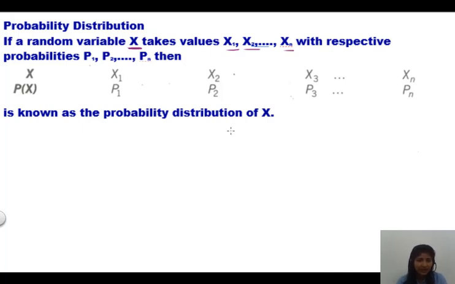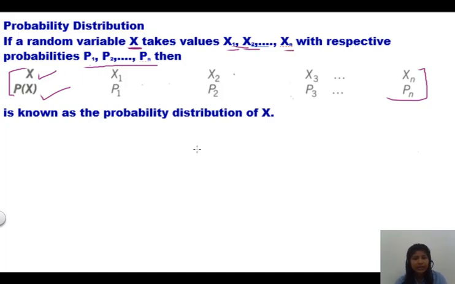So likewise they're defining in general way x1 to xn with respective probabilities as p1 to pn. Then the probability distribution is defined like this. We write values of x, we write values corresponding to that particular random variable probabilities. Then all the random variable values are written. This we write actually in a table, and this is known as probability distribution of x.